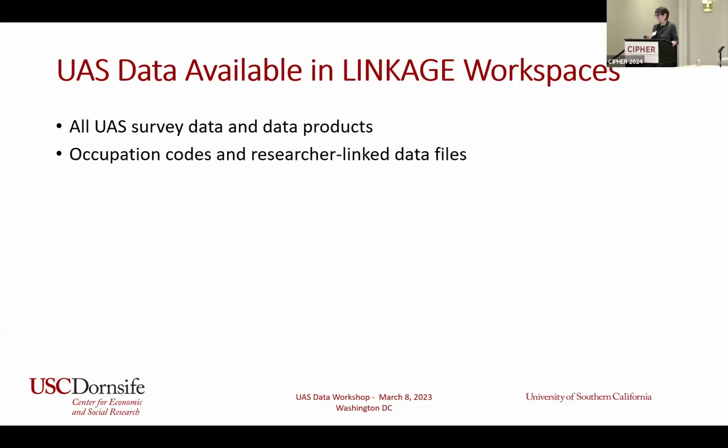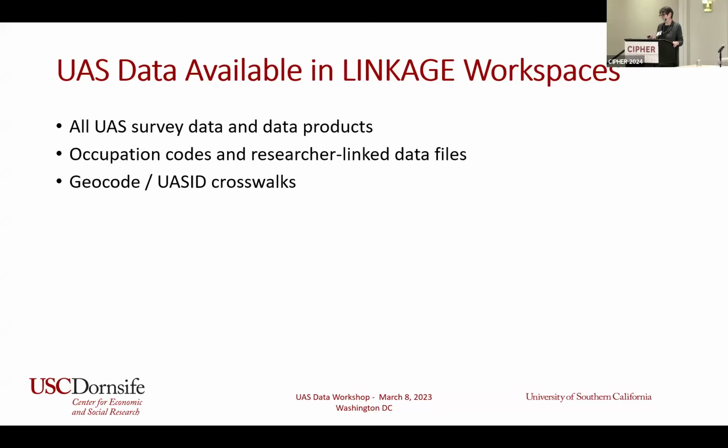So the data that's available in the workspace are all of our UAS survey data and data products are in there already. And the occupation codes, as I mentioned, researcher linked data files. So if people do work on putting together linked files, we'll have those in there and available to others as well, in the interests of creating a platform where everything that we do is hopefully available for others to be able to use.